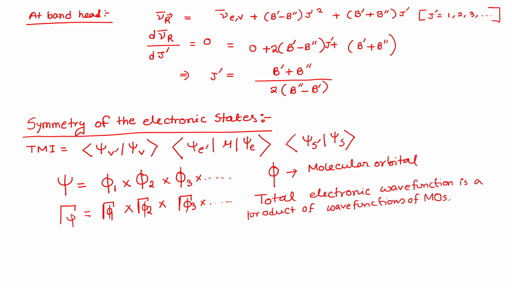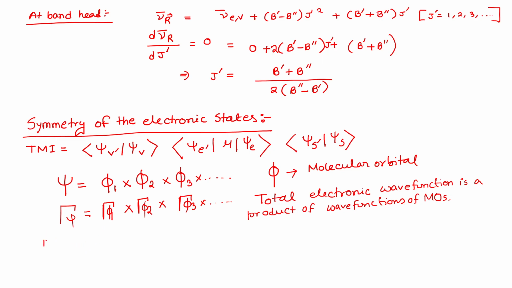So there are a few rules for this. If you remember, if your molecular orbital phi 1 is doubly occupied, then whatever is the symmetry of your phi 1, irrespective of that, if your molecular orbital is doubly filled, doubly occupied, then it will be totally symmetric.